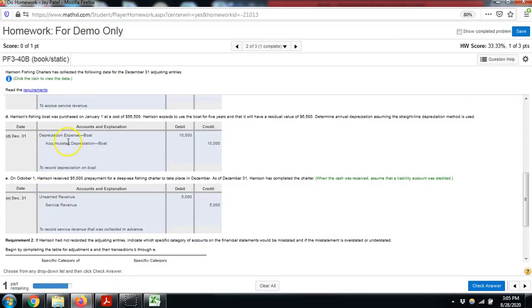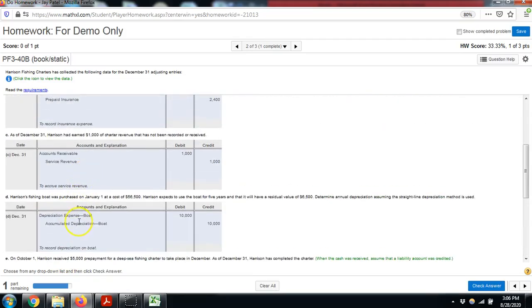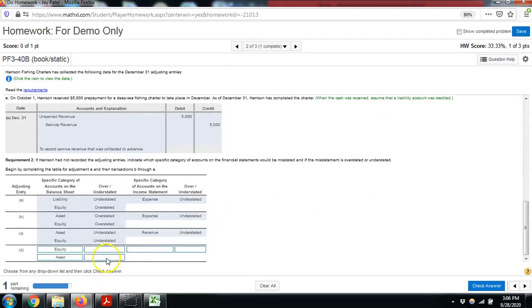D, expense, which is equity, accumulated depreciation. Remember, this is a little different. This is a contra asset account. Even though it is a credit account, it's still an asset account. So we're going to have equity, we're going to have assets. So if we did not include this entry here, our assets would be overstated because we need to reduce them by the depreciation.